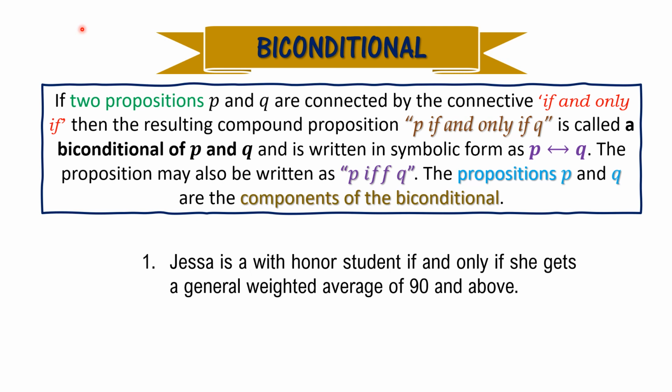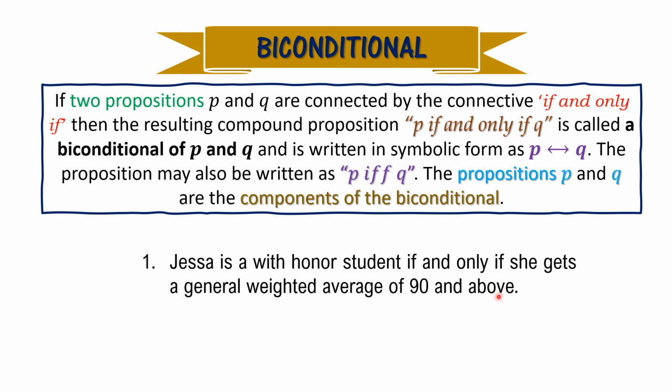Okay, we have here the first example. Jessa is a with honors student if and only if she gets a general weighted average of 90 and above. As you can observe, the first statement refers to a conclusion, and the second statement refers to a hypothesis, wherein the conclusion is limited to only one hypothesis.